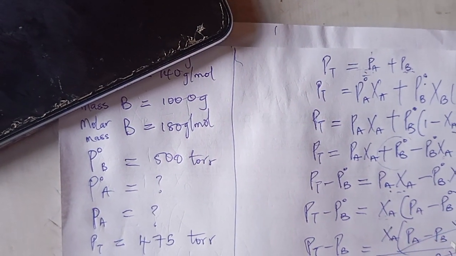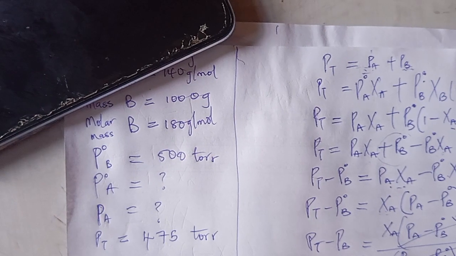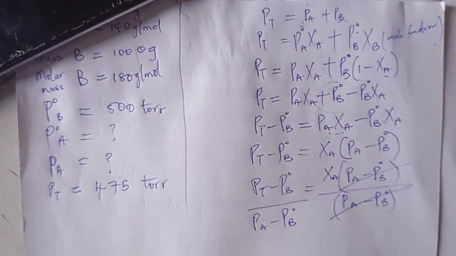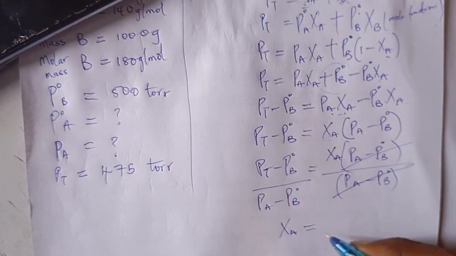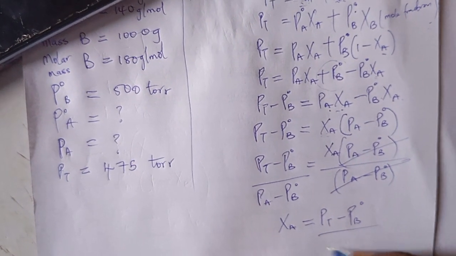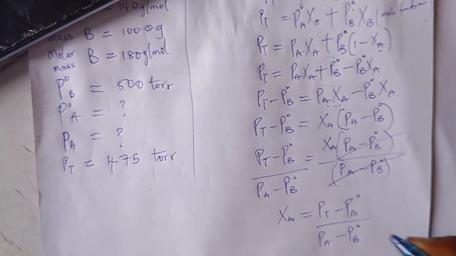So at the end of the day, I've been able to get XA. XA is going to be PT minus PB naught all over PA minus PB naught.